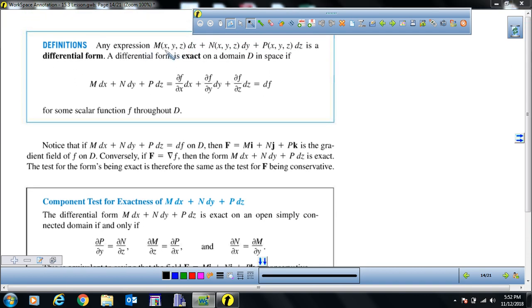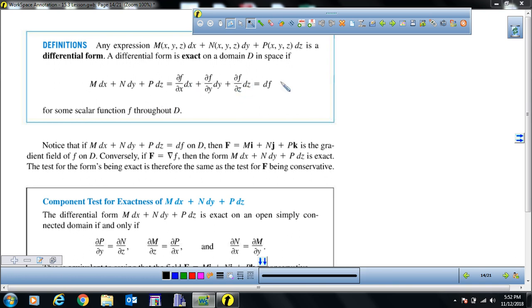Any expression M dx plus N dy plus P dz is a differential form. Then a differential form is going to be exact if M dx plus N dy plus P dz equals the derivative of f with respect to x dx plus the derivative of some potential function f with respect to y dy plus the derivative of the potential function with respect to z dz.